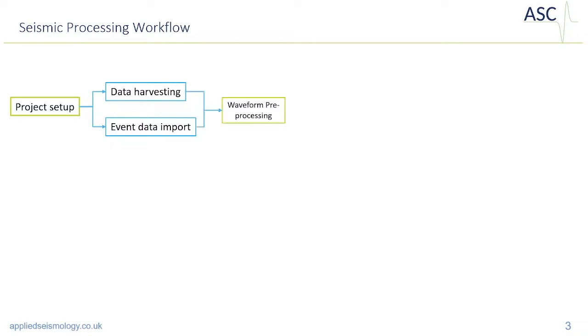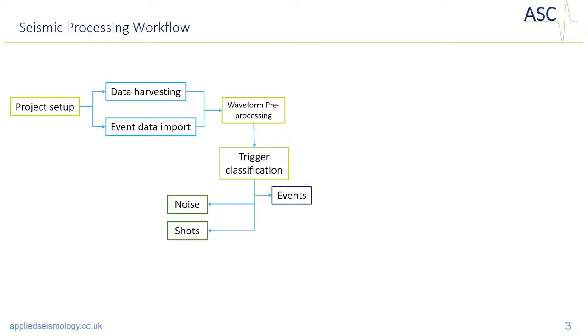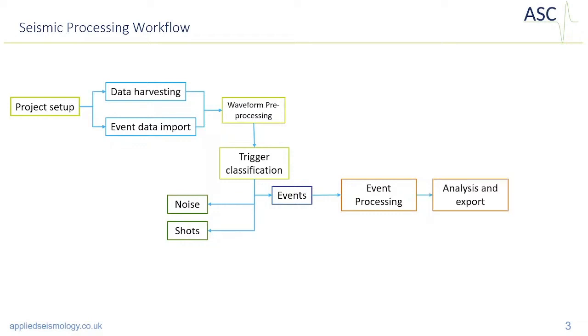It goes from project setup, event harvesting, the detection of events, the import of events that have been triggered or detected by third-party software or by hardware applications, then into the processing of waveforms, of course the pre-processing, which we will discuss in the next slide, as well as classifying triggers as noise, shots, or events, and for events into the full processing, including phase picking, location, and calculation of source parameters and mechanisms.